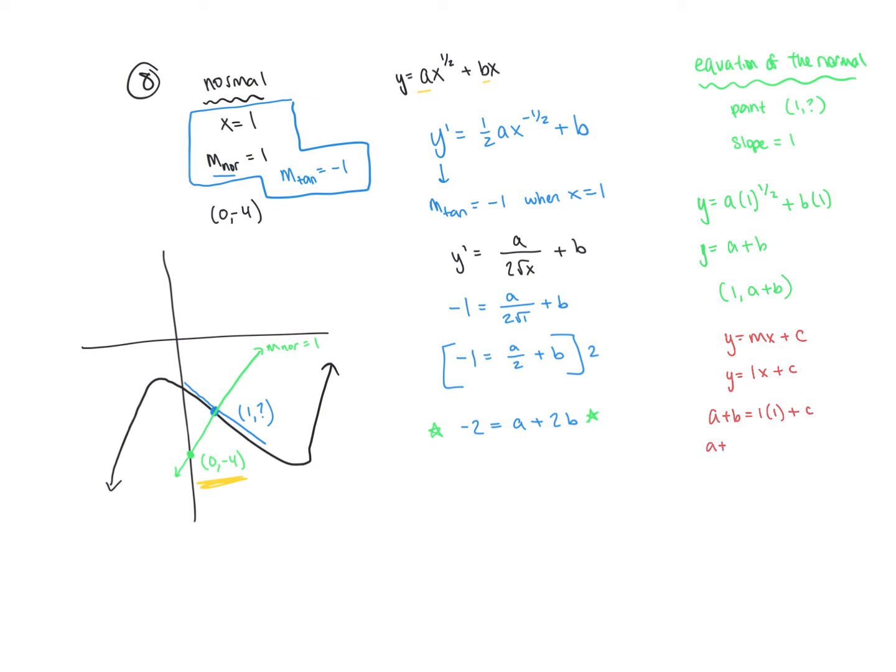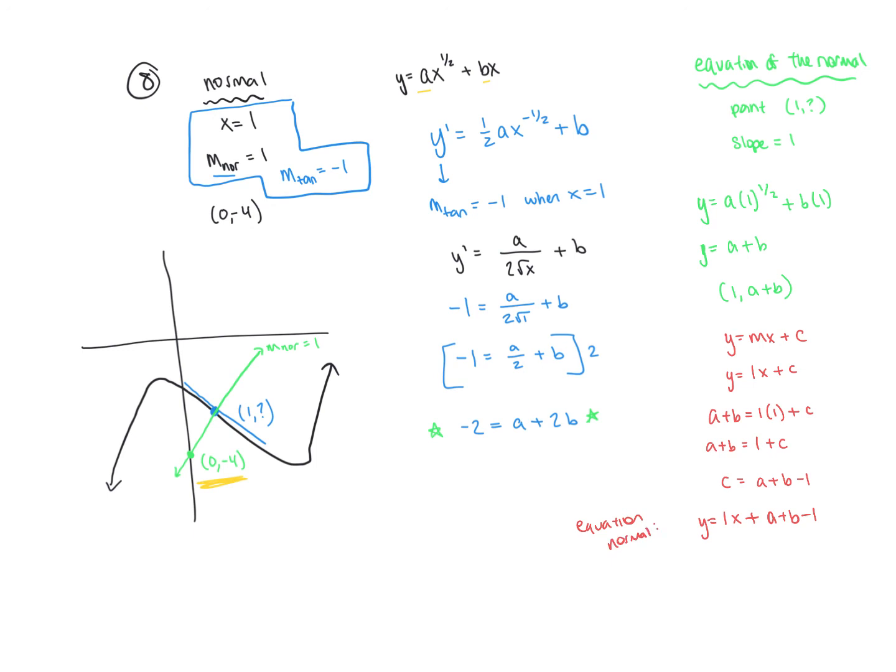So we have a plus b equals 1 plus c. So c, our y-intercept, is a plus b minus 1. Therefore, our equation is y equals 1x plus a plus b minus 1. That's the equation of our normal.